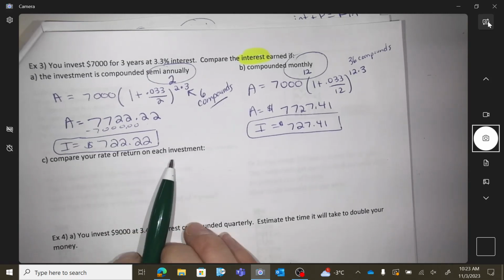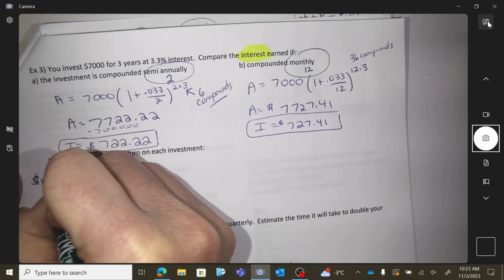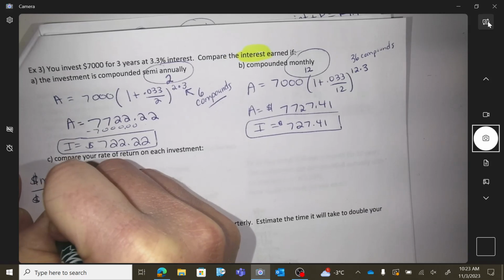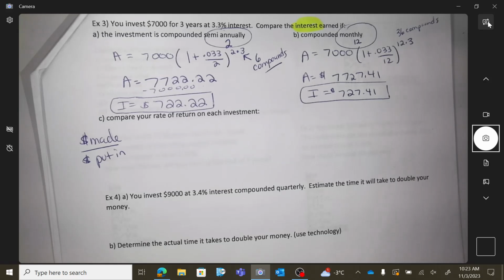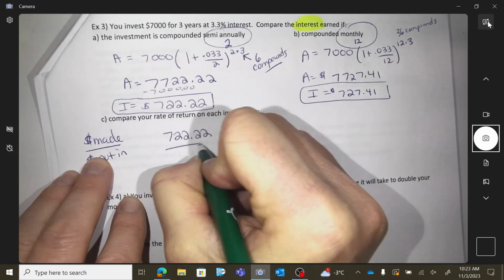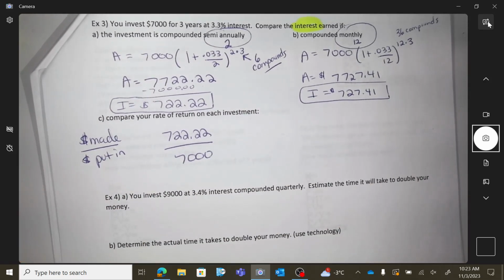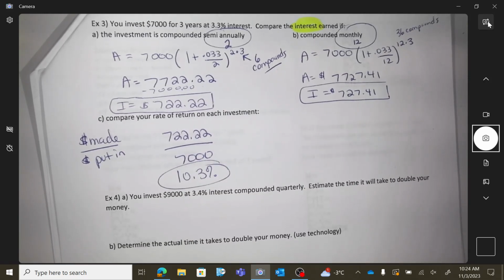Okay, so compare your rate of return. So what is the little formula I gave you yesterday? The money you made divided by the money you put in. That's kind of the idea. How much did you make divided by what you had to put into this thing? So we made 722.22 by putting in 7,000 of our own money. A 10.3% return on my investment.